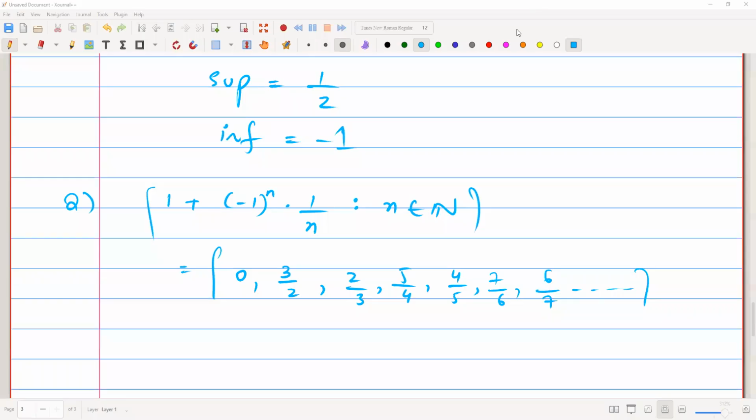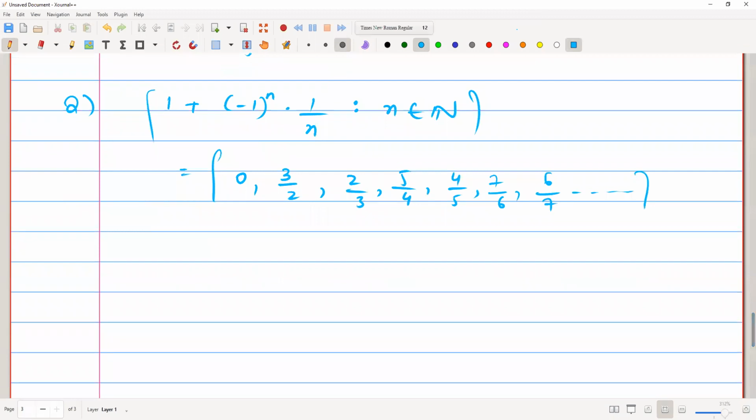So we can rewrite this set in this manner, that is 0/1, 2/3, 4/5, and then continue, and then union 3/2, 5/4, 7/6, and so on.